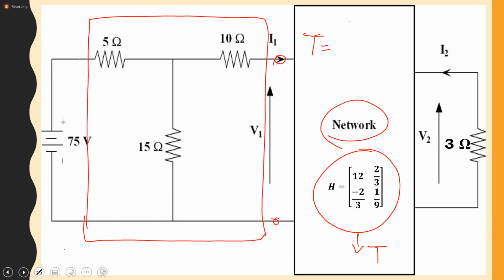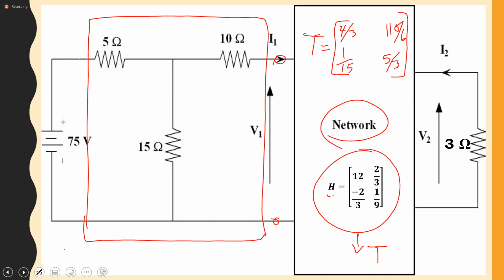All right, so the transmission parameters for those three are 4 over 3, 110 over 6, 1 over 15, and 5 over 3. All right? So those are the transmission parameters for these three resistors.